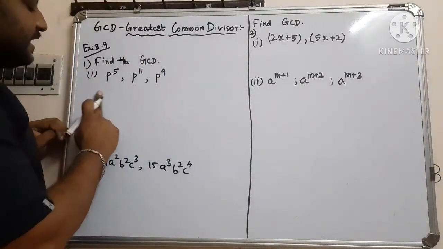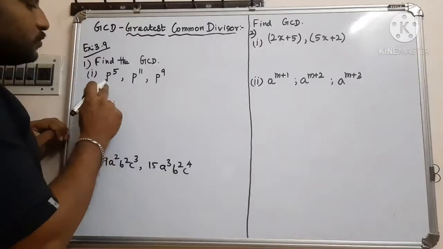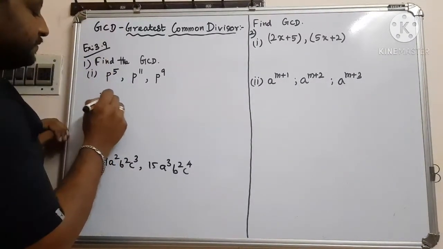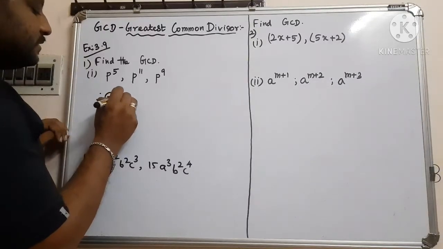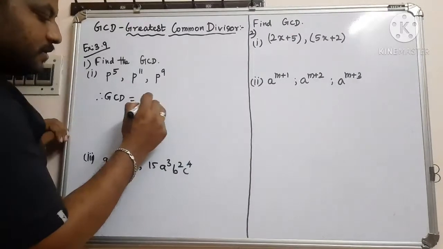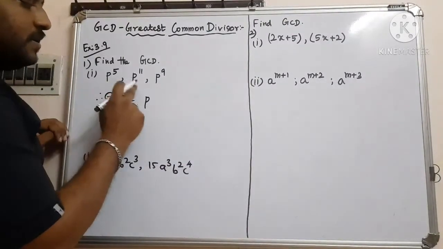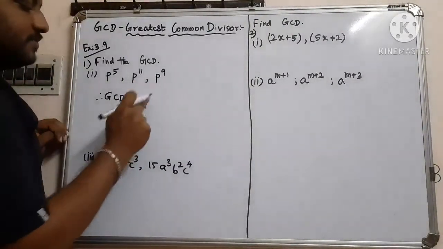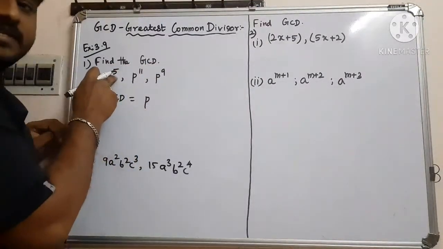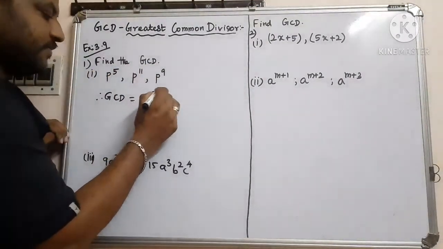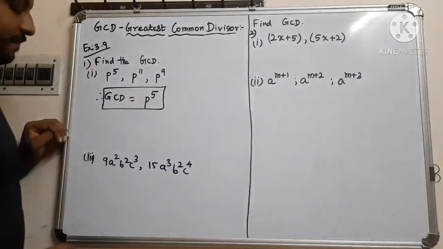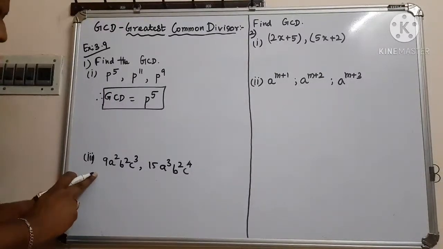If it is given like this, you have to write the common variable. What is the common variable here? p, which is in all the terms. Which is the least number in power? Least number is 5. Therefore GCD is p power 5. Let's move on to the next one.